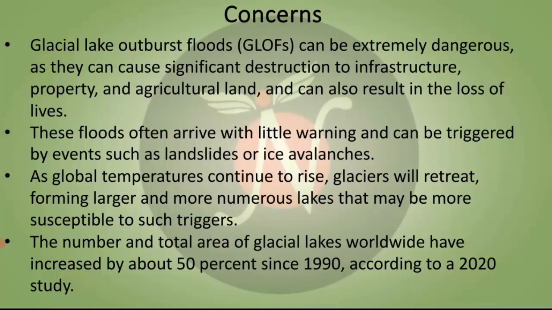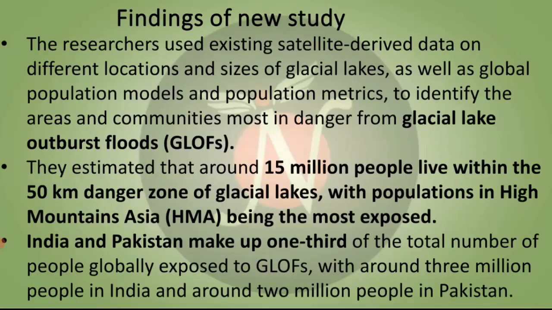As global temperatures continue to rise, glaciers will retreat, forming larger and more numerous lakes that may be more susceptible to such triggers. The number and total area of glacial lakes worldwide have increased by about 50% since 1990, according to a 2020 study.